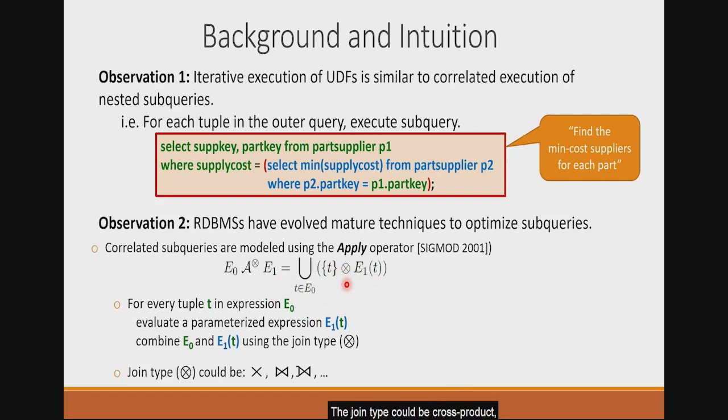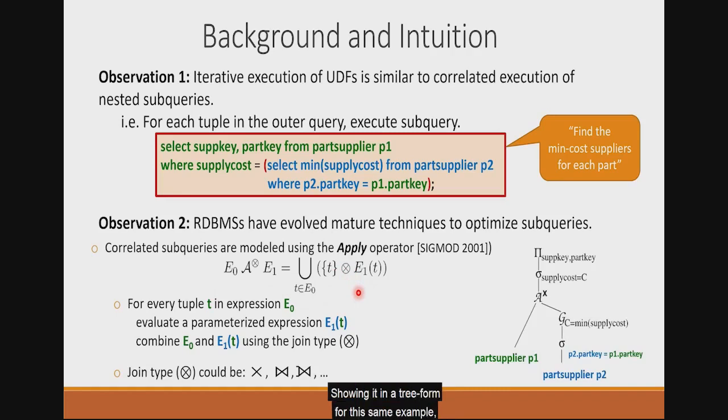The join type could be cross product, inner join, outer join, etc. Showing it in tree form for this same example, this query modeled using the Apply operator looks like this. There are two references to the part supplier table, a blue one and a green one. The right side of this Apply operator is the subquery, the blue part of the query, which is using this green parameter and executing these operations.